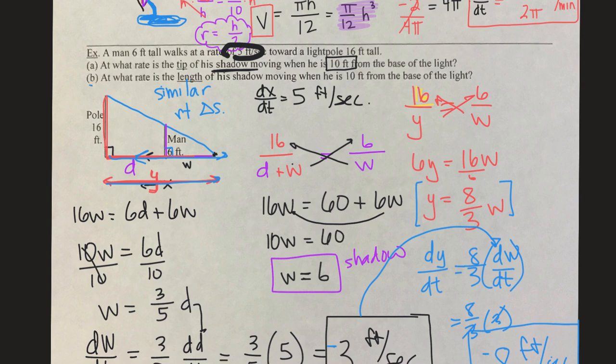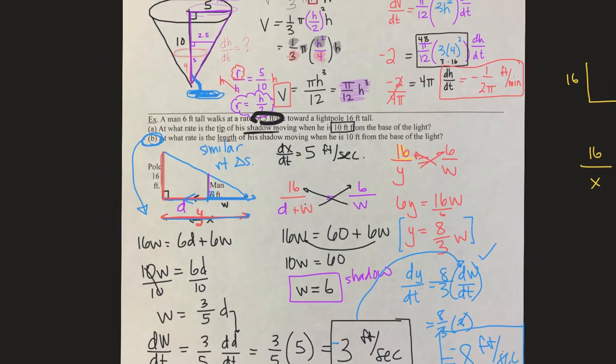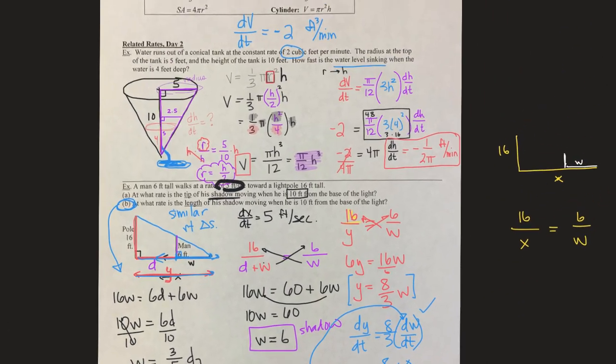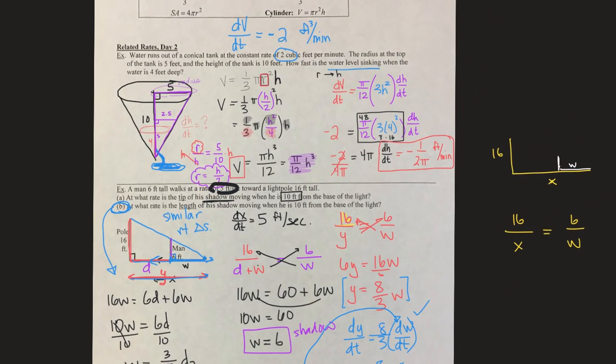So the first thing we did was find part B, the rate at which the length of the shadow changes, where W represents the length of the shadow. Then we needed that to figure out what part A was, because we have our dW/dt in there. Some wonderful related rates problems. Have a great day.